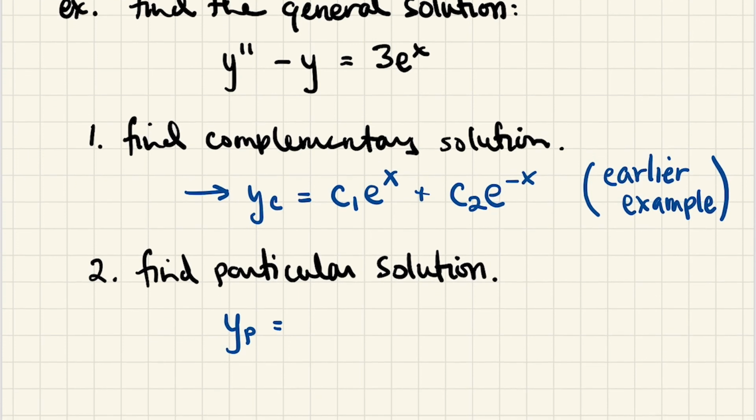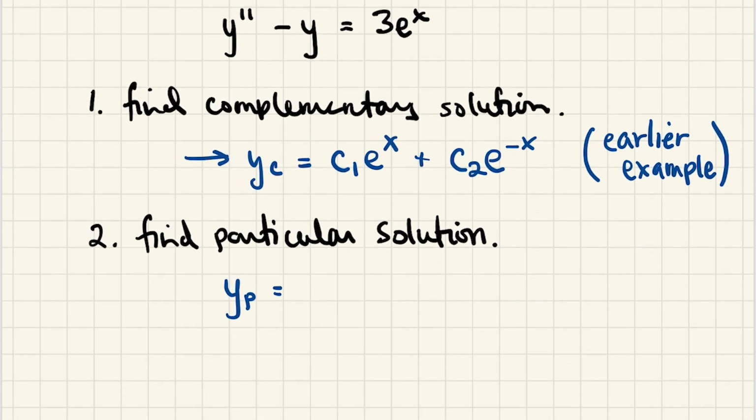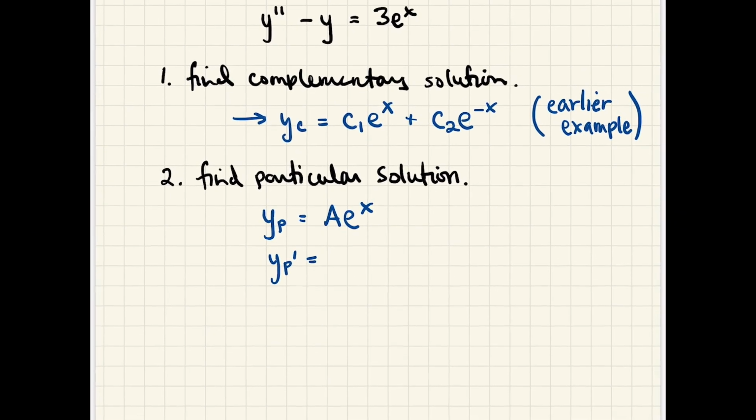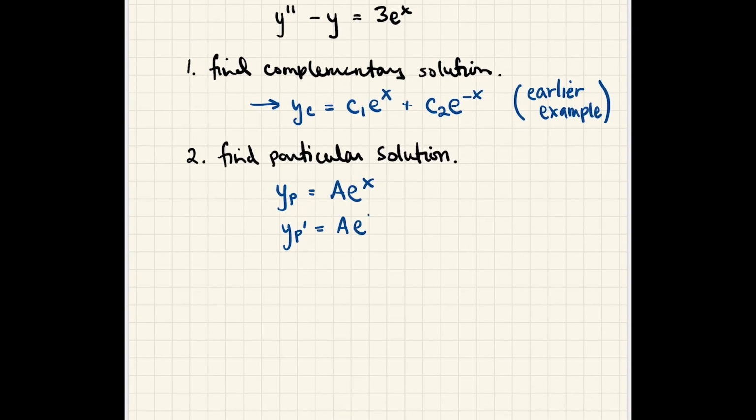So looking at the right-hand side, 3e to the x, one could easily decide that the trial particular solution should be a e to the x. All right, well, let's see what happens. We're going to get y prime is a e to the x, and y double prime, which is a e to the x this time.